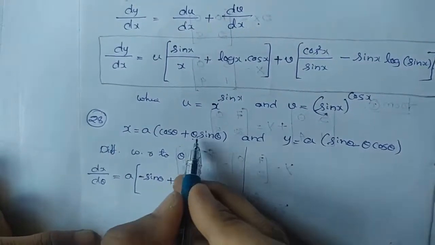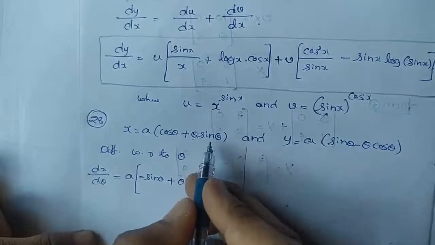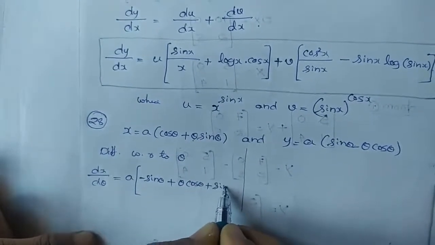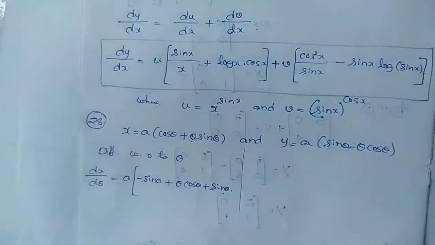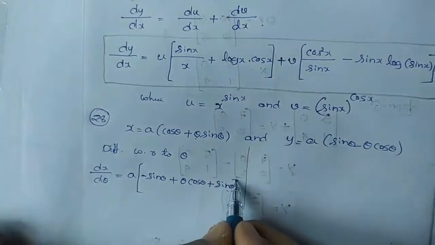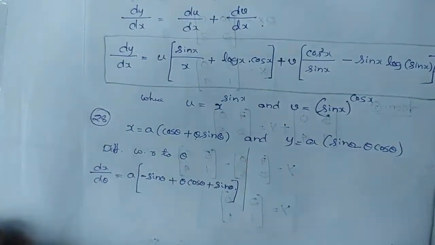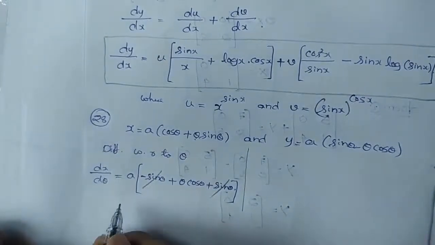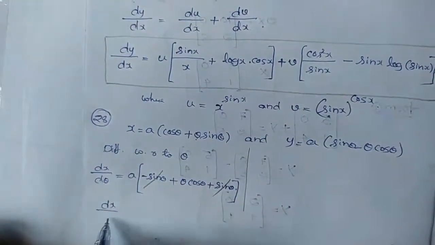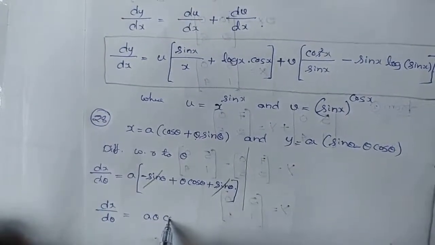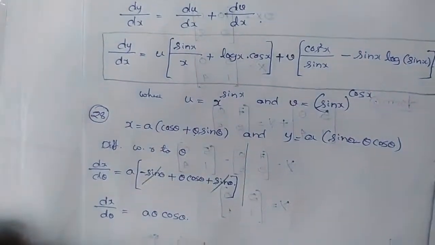Apply product rule: theta into differentiation of sin theta is cos theta, plus sin theta into differentiation of theta is 1. Therefore minus sin theta and plus sin theta will get cancelled. Finally we will get dx by d theta equals a theta into cos theta.